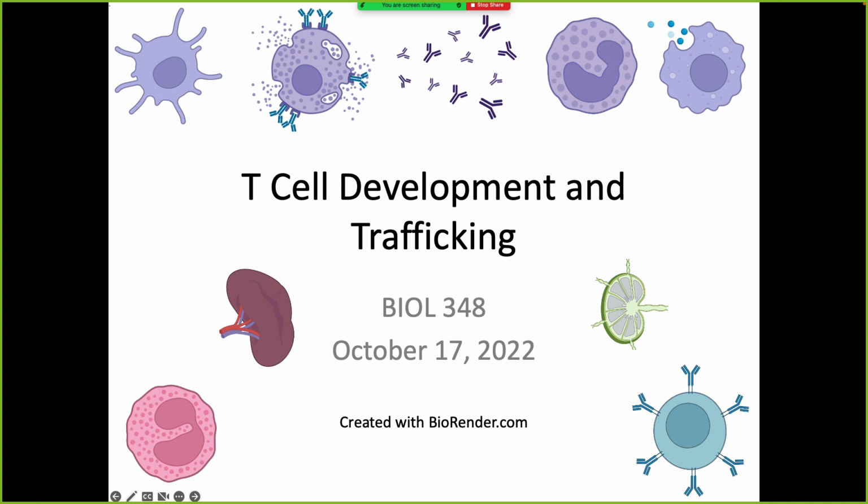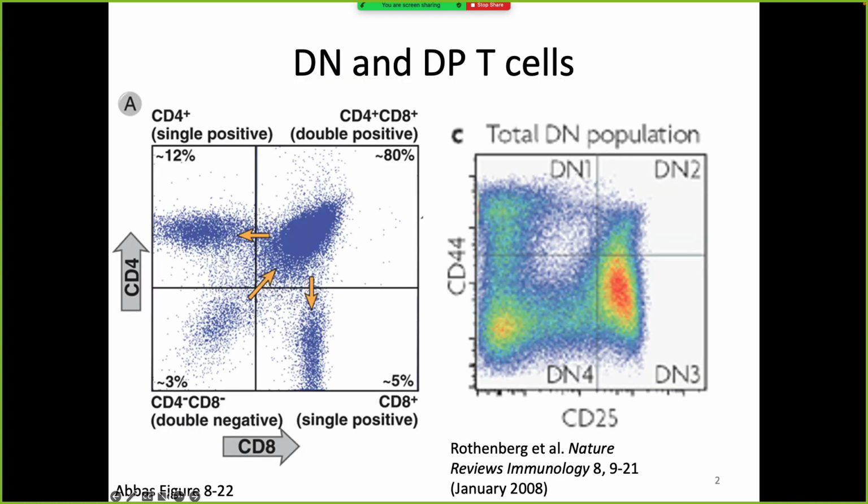Last time we went through the steps of T-cell development. We saw the double negative T cells in the thymus, which can be divided up into 4 subpopulations, DN1 through DN4. We saw DN1 and DN2 as our pro-T cell types. DN3, DN4, and DP all have pieces of the pre-T cell.